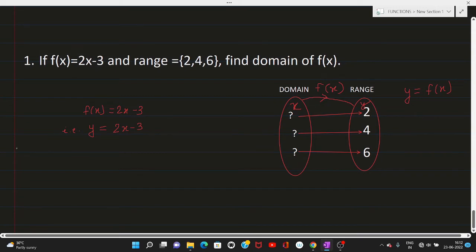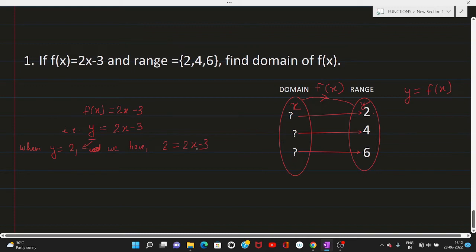So when y is equal to the first element 2, we have 2 equal to 2x minus 3. This y is replaced by this 2. So 2 is equal to 2x minus 3.